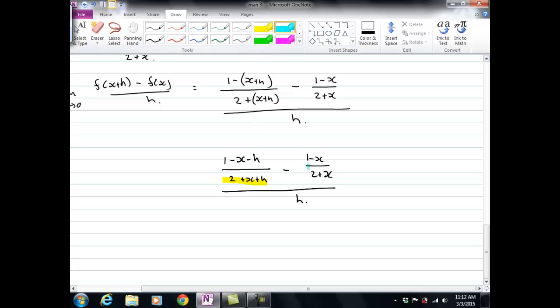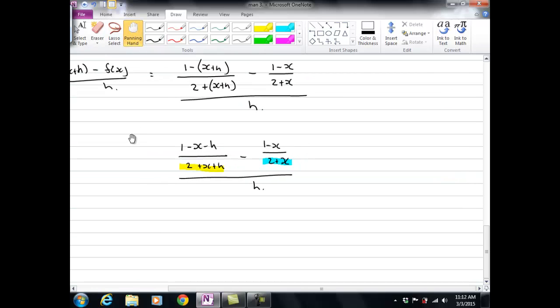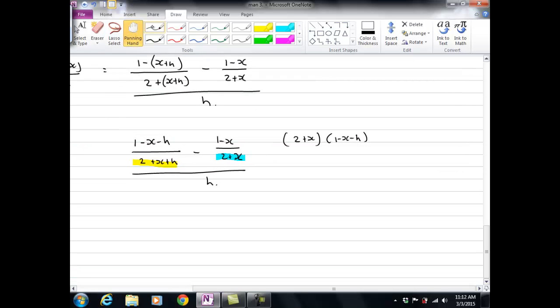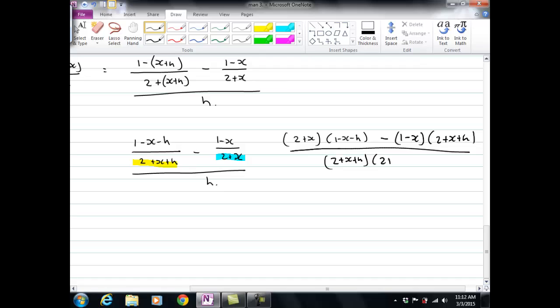Go ahead and multiply by the common denominator, and you'll get, this gets a bit tricky, 2 plus x times 1 minus x minus h, minus 1 minus x times 2 plus x plus h, all over 2 plus x plus h times 2 plus x, all over h.